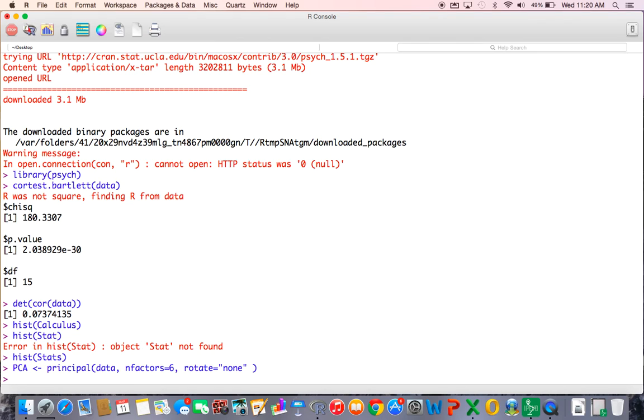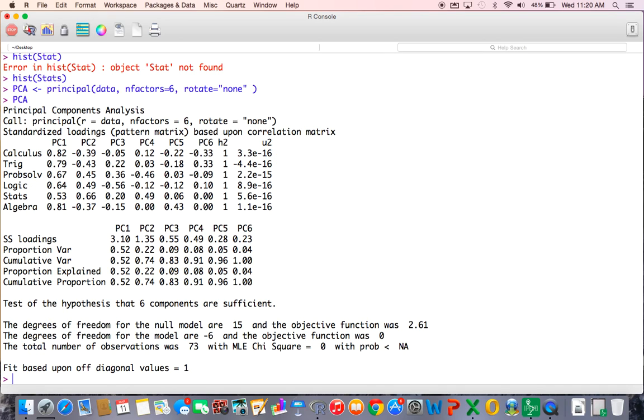Okay? Now, before, with PCA, you have to run a summary, okay? Not for this one. If you run the summary, you're really not going to get anything that's that interesting. For the principal command in R, you just run what you've named the model, okay? Now, when you run this, you get a lot of stuff, okay?